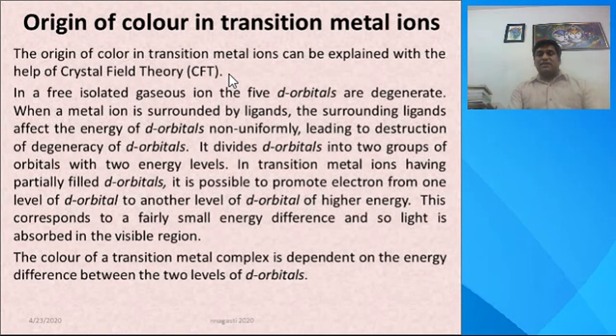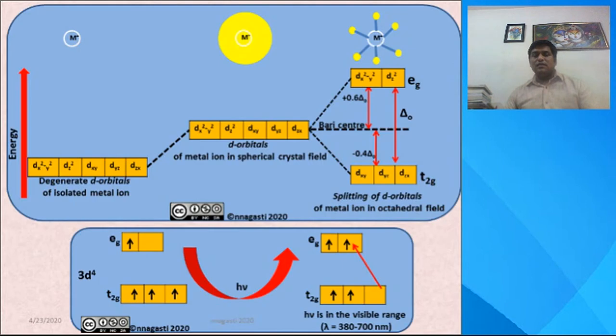And this color of the transition metal complex depends on the energy required by the electron for transition from low energy d orbitals to high energy d orbitals. Let us understand this through this diagram here.